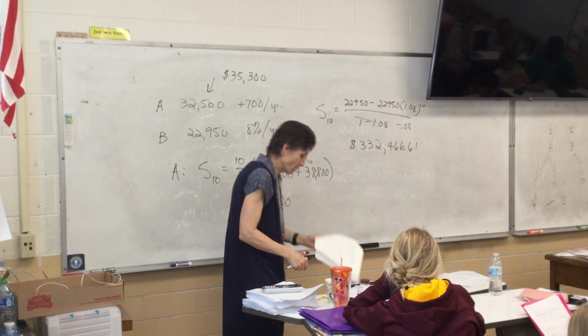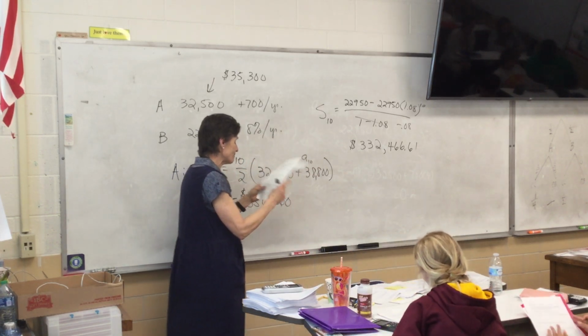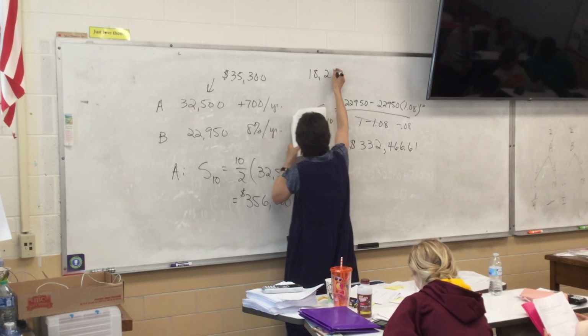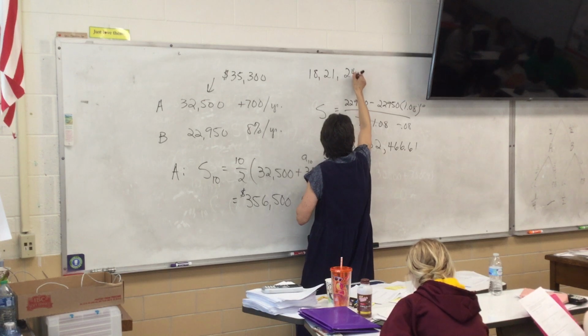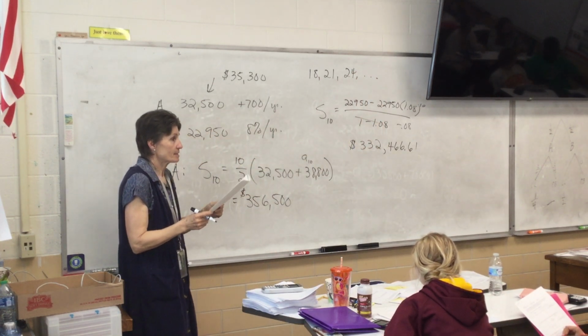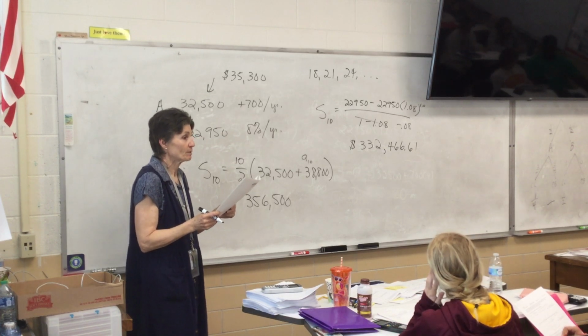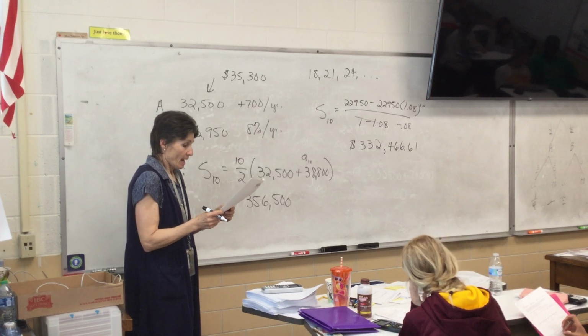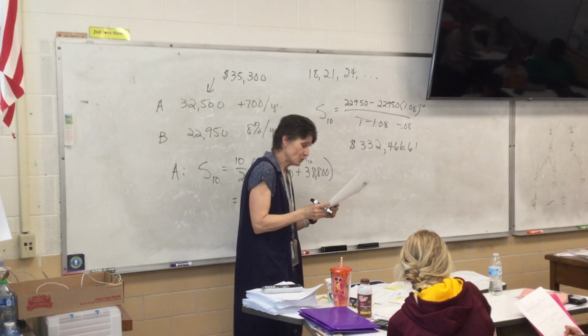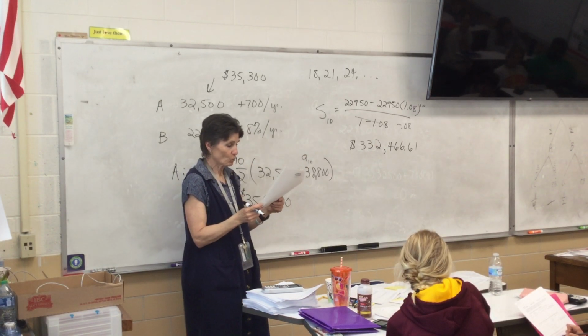Number 2, Brenda does 18 factoring problems on Monday, 21 on Tuesday, 24 on Wednesday, and so on. This is number 2 in the homework. Everybody with me? Yes. How many will she do 2 weeks from her first Monday?